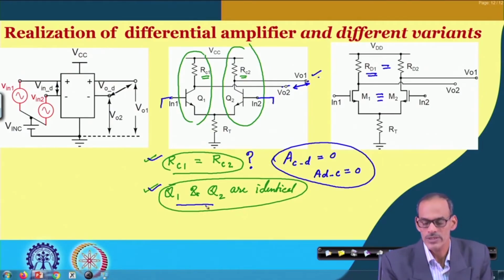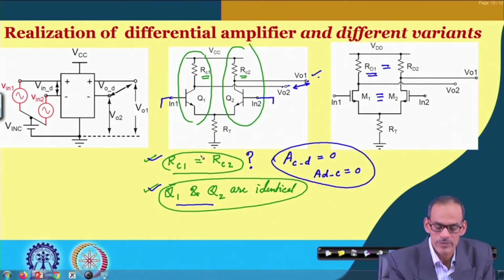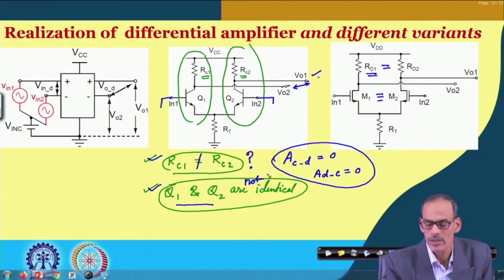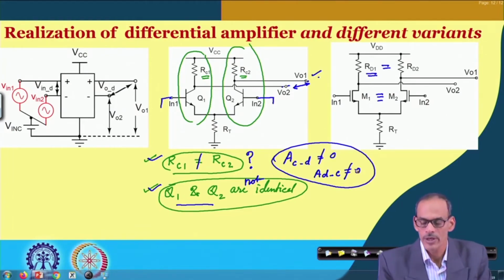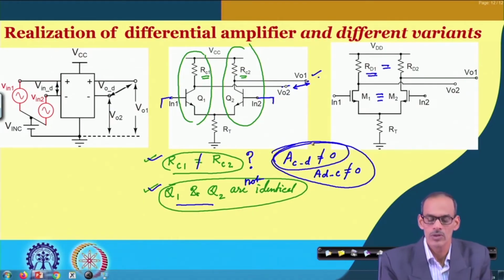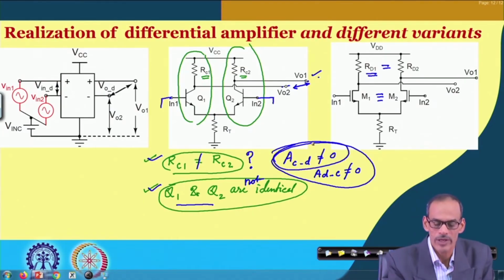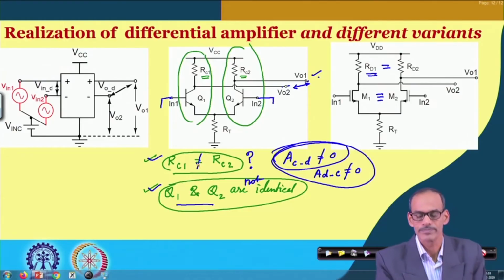If they are not identical, then we cannot consider these two parameters to be 0, and we have seen their consequences, particularly A C D, which is very dangerous. So, we prefer to avoid such a situation.